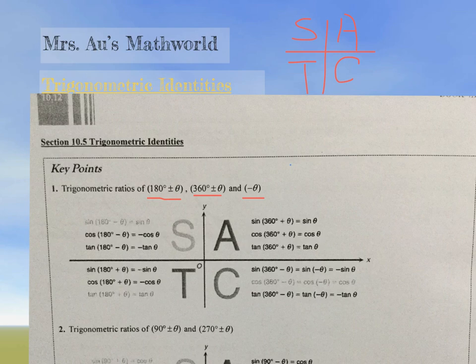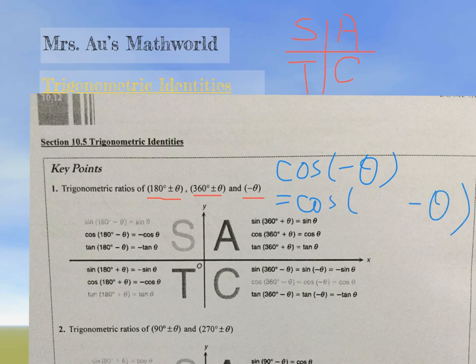If you want to calculate the value of cosine of negative theta, for example, it equals the value plus 360 degrees, because the trigonometric ratios are always the same when we add a cycle. So this one belongs to quadrant 4, and as a result, it equals positive cosine theta.